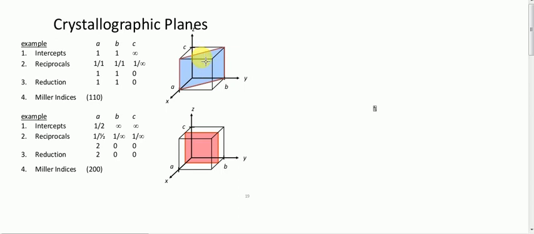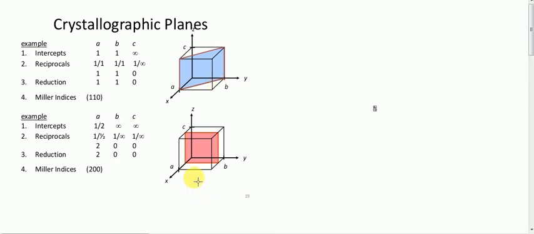For the C axis it is infinity. So we have the intercept 1, 1 and infinity. Now you take the reciprocal of that, 1 by 1, 1 by 1 and 1 by infinity. That gives 1, 1, 0. So the Miller index for this plane represented by the blue shade here is 1, 1, 0.